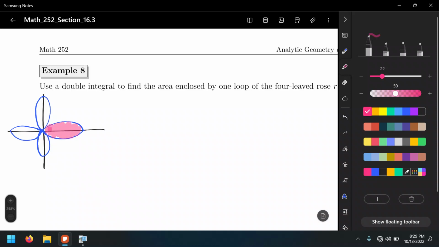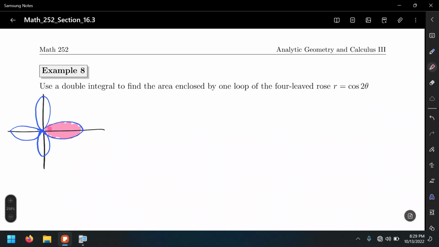That is from here. So in this case, we need to figure out the limits of integration ourselves. They're not telling us directly, from this angle to that angle, the radius, and so on. No, they're not telling us anything. And this is actually an area problem, not a volume problem. So let's set up area.